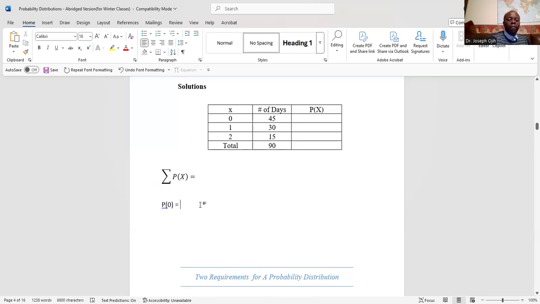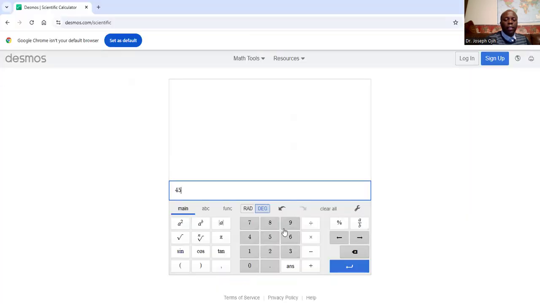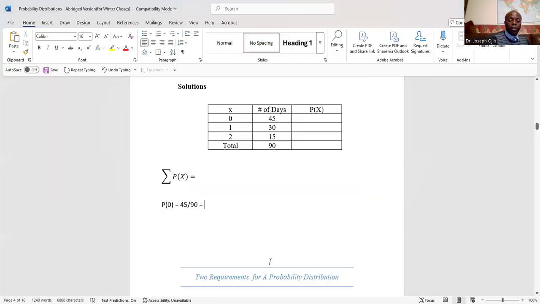So that means it's going to be 45 over 90. 45 divided by 90 on the calculator equals 0.5. That'll be right here, 0.5.